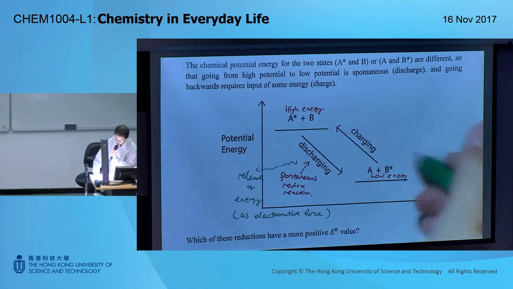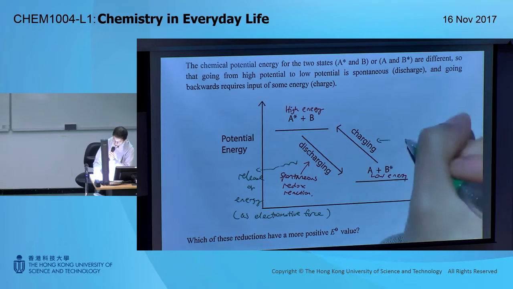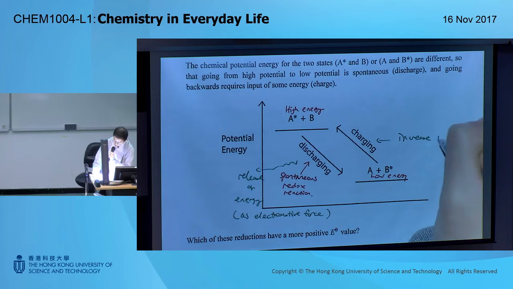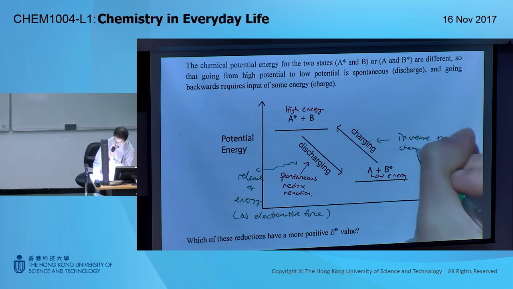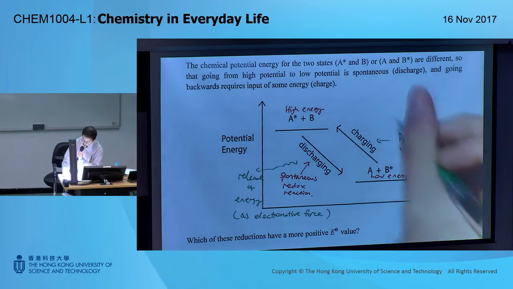The other part is the charging mode, and in this case, we have to increase the energy of the chemicals, increase the chemical potential energy. So this requires energy input.